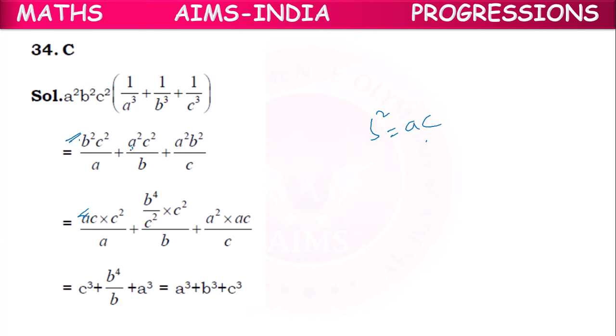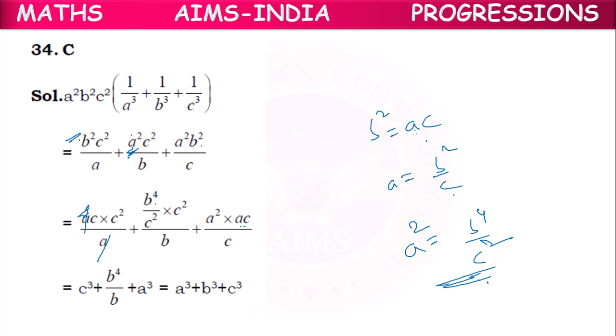Suppose if we need, A equal to B square by C we can write, or A square equal to B power 4 by C square. Like this also we can write. So in the place of A square, let's substitute value. In the place of B square, again we can keep AC. Like that, let's simplify.